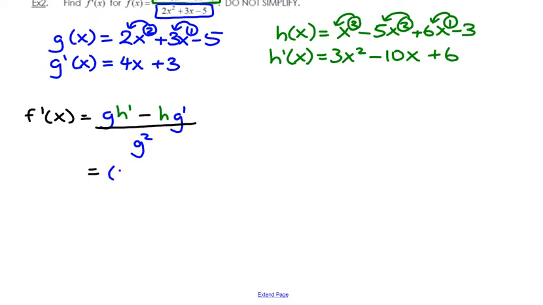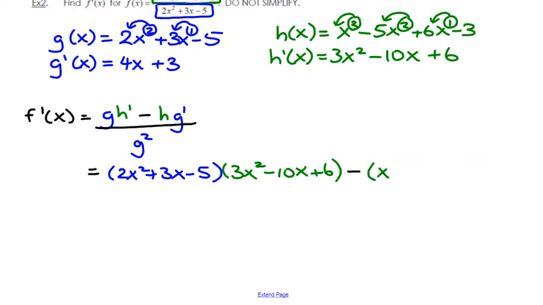All right, 2x squared plus 3x minus 5 is your g. Your h prime is 3x squared minus 10x plus 6. Subtract your h, which is going to be x to the power of 3 minus 5x squared plus 6x minus 3.